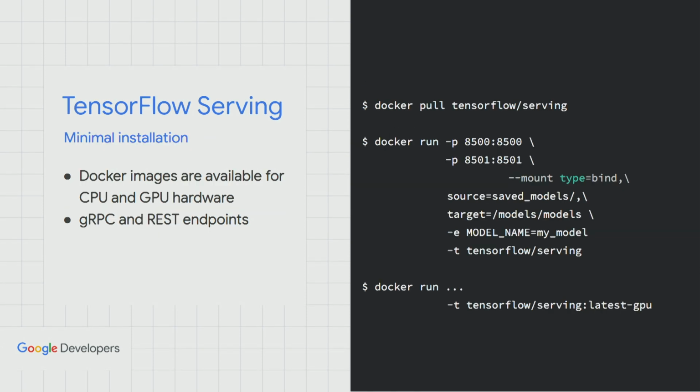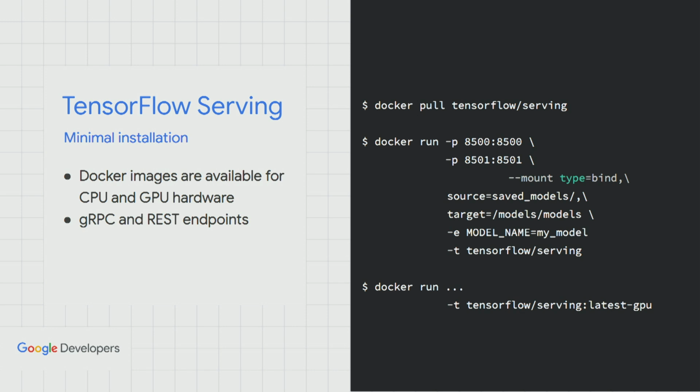Once you do that, in the remaining 4 minutes of your TensorFlow Serving setup, you pull the Docker image, and you basically start up the Docker run command with a bunch of parameters. First of all, you expose 2 ports. We get to that in a second, which services they're representing.